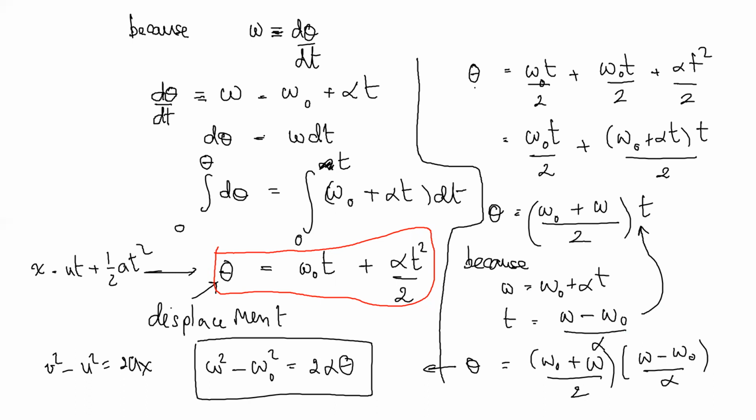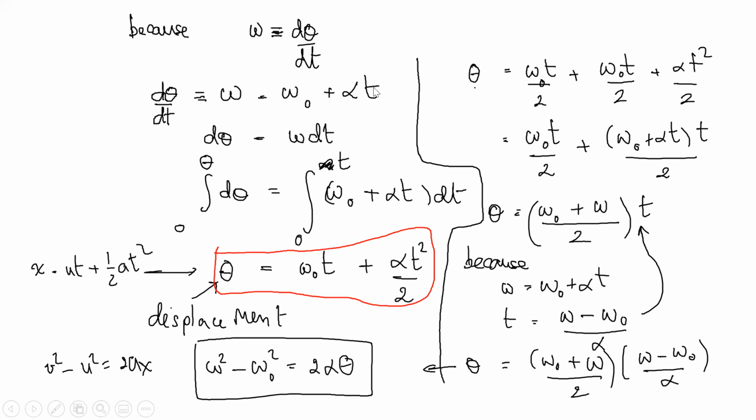So d theta is omega dt, or the integral of d theta from 0 to theta is the integral from 0 to t of omega 0 plus alpha t dt. And this integral gives you theta equal to omega 0 t plus alpha t squared over 2. This is equivalent to x equal to ut plus 1/2 at squared.